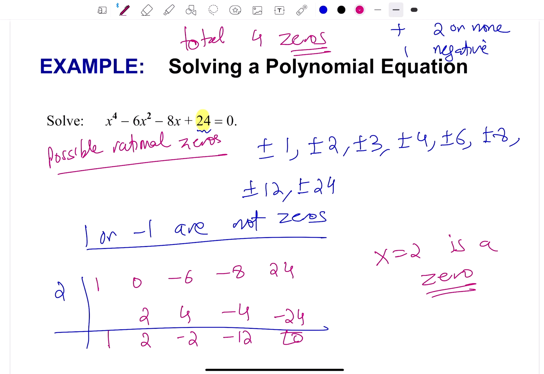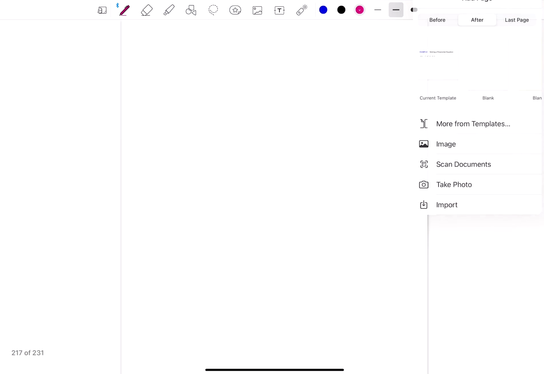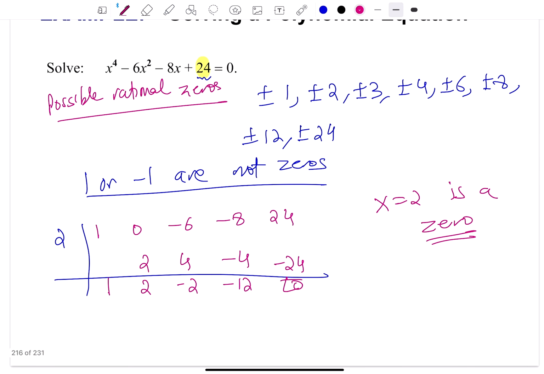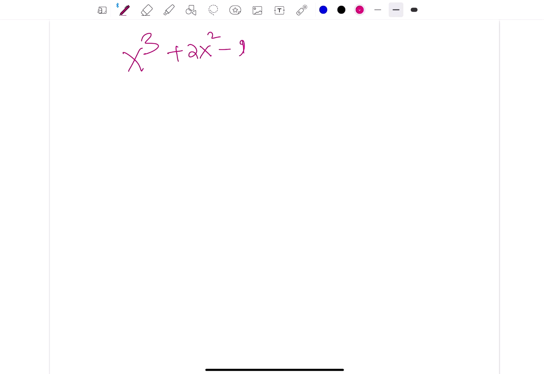Now the nice thing is we had a 4th degree polynomial, and now we're down to a cubic polynomial. So the cubic polynomial is going to be x to the 3rd plus 2x squared minus 2x minus 12 equal to 0.